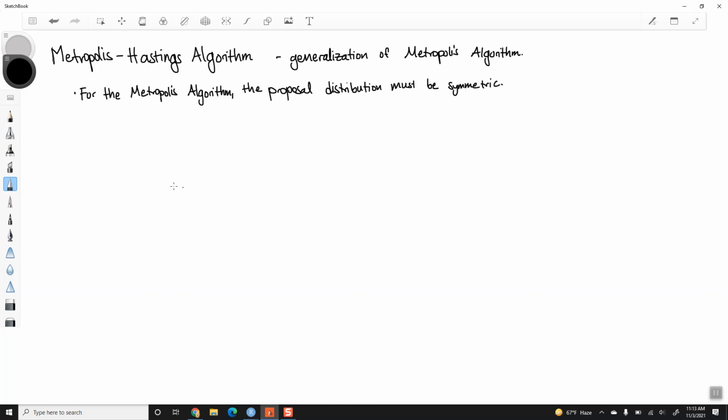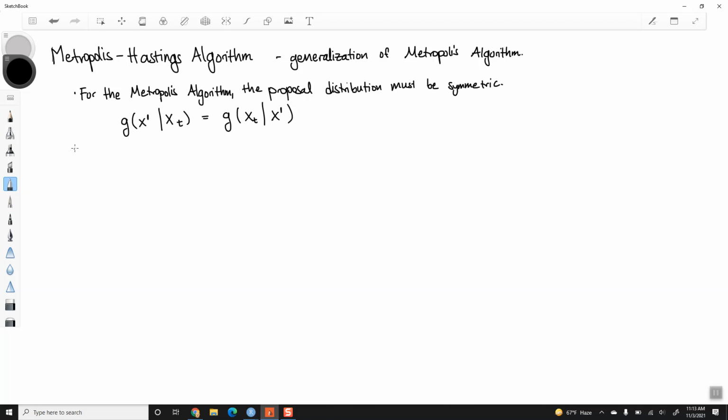Okay, and what we mean by that is we're going to say that g of proposing the value x prime, given that you are at location xt, has to be equal to the probability of proposing xt, given that you are at x prime.